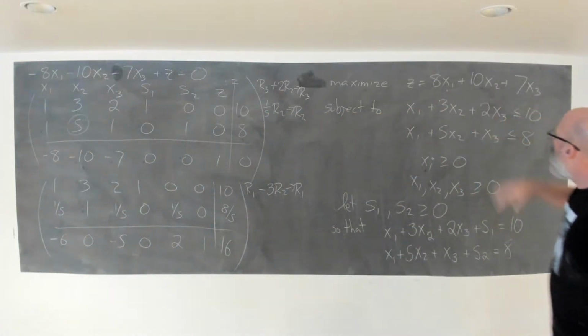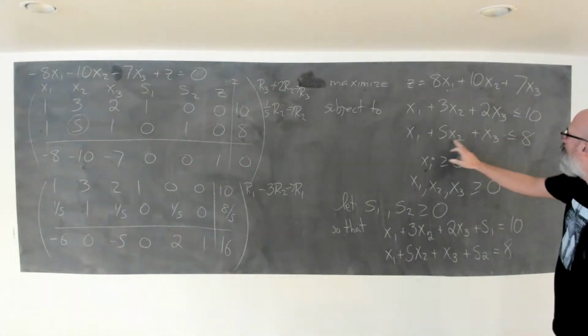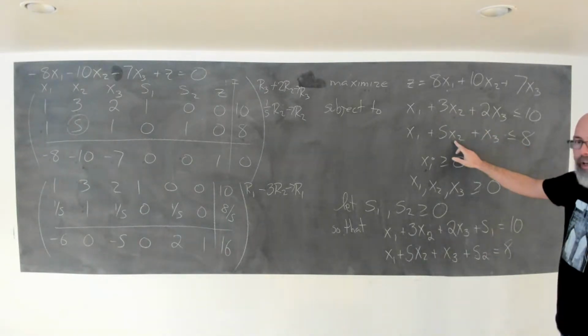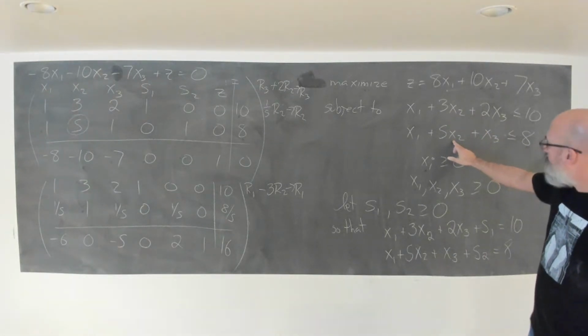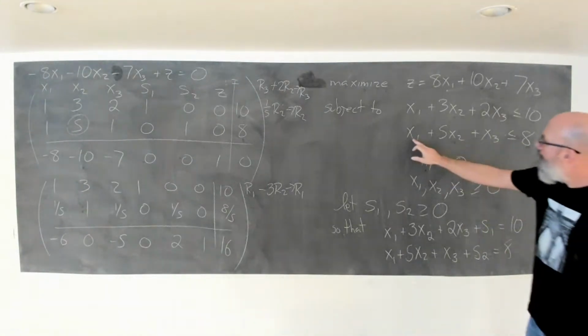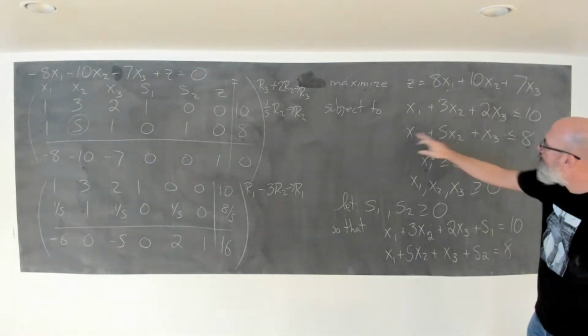And think about what's happening here, right? The x2 is not very large, right? x2 is at most 8/5, whereas the x1 could actually be as large as 8.